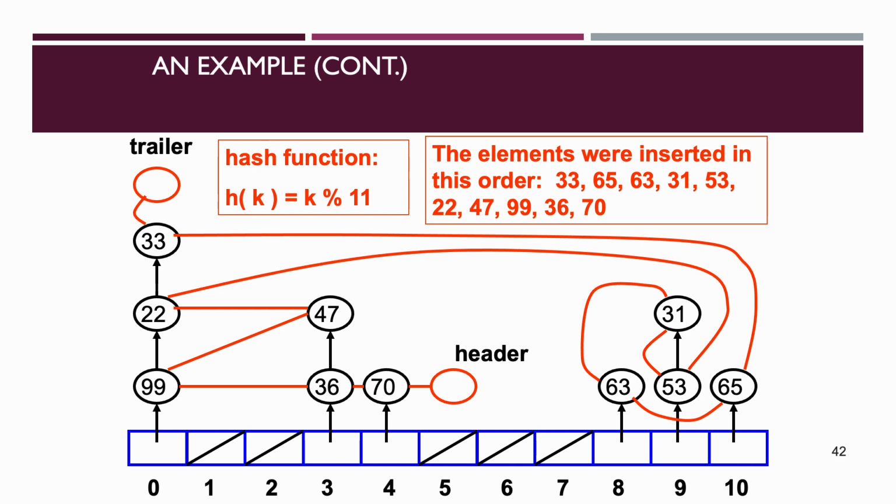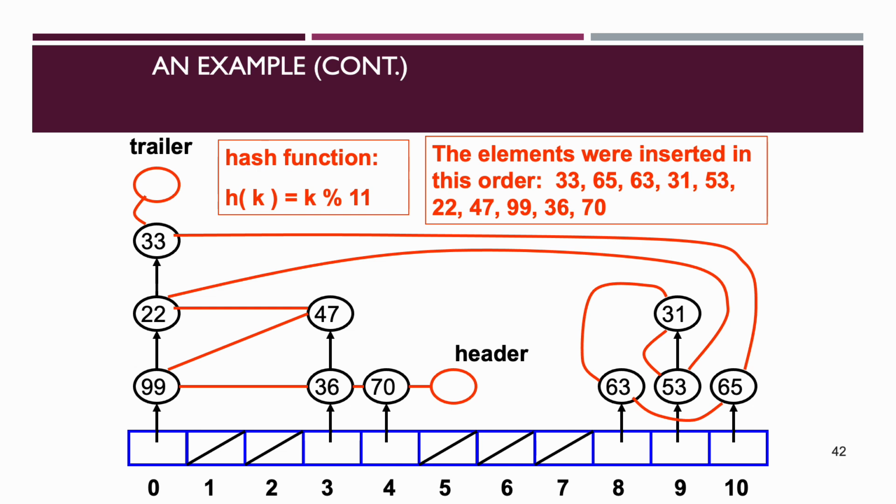Here, 33 divided by 11, there is no remainder. The remainder is 0. So 33 is inserted into index 0. Then for 65, 65 divided by 11, the remainder is 10. So it's inserted into 10.